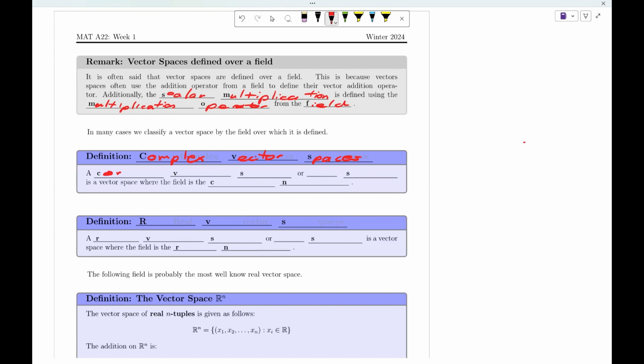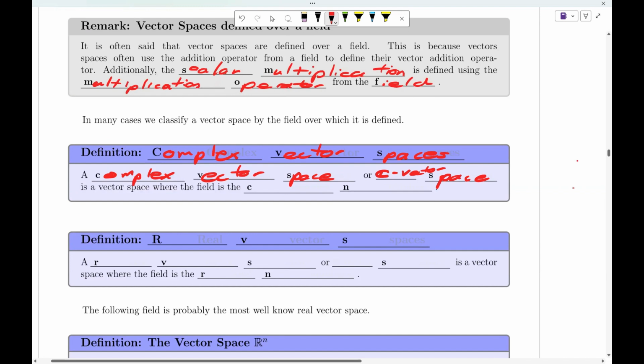A complex vector space, or C vector space, is a vector space where the field is the complex numbers.